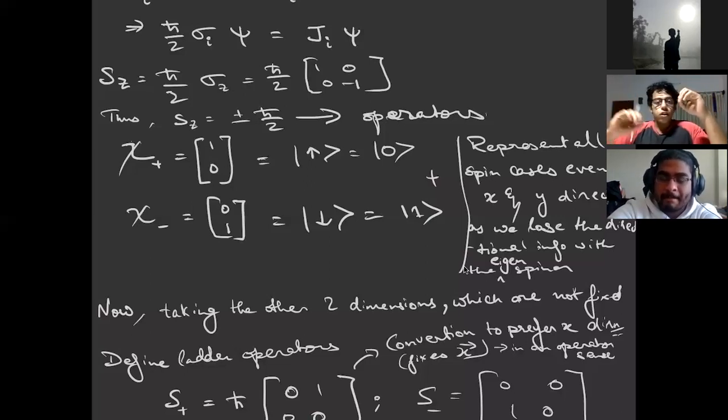Once I measure spin up or down along a particular direction, now I can ask the question, what happens to the spin in the other direction? Since there is no determined answer after the measurement process, you have just a probabilistic prediction. That is where your spinors come into play.